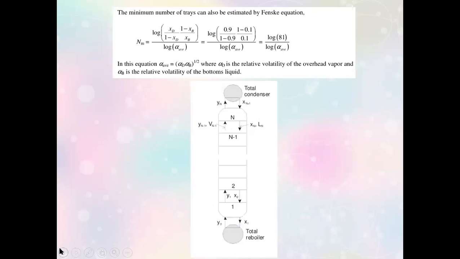And by the way, if I missed mentioning it, this is the representation of yn and xn. Your xn is said to be equilibrated to yn, the vapor leaving this particular tray n here, and your y1 equilibrated to x1, the liquid that is leaving the same tray 1 here. Okay, a simple illustration of the distilling column.